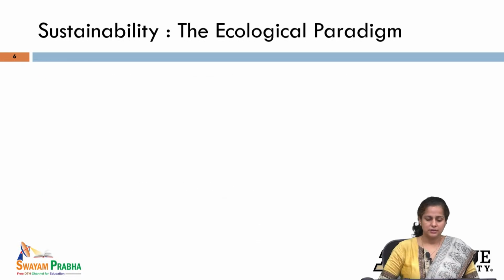Next, I will talk about the ecological paradigm, and this is another very important aspect of growth and sustainability. As we all know, the environment is changing, and we also know of the decline in a lot of environmental reserves. This came into the picture when a lot of fisheries and streams were declining.